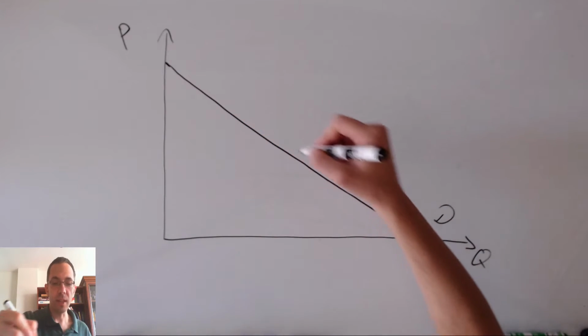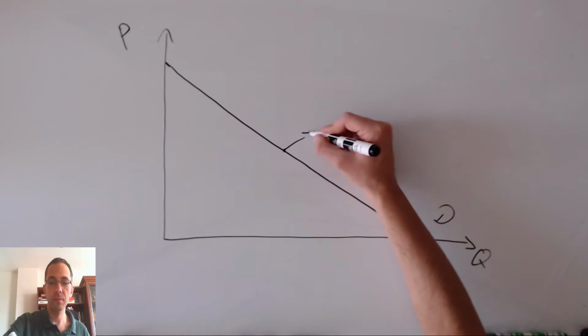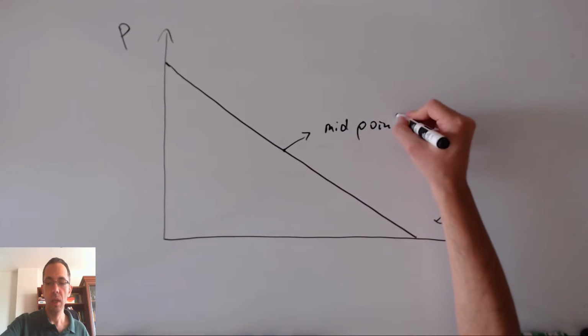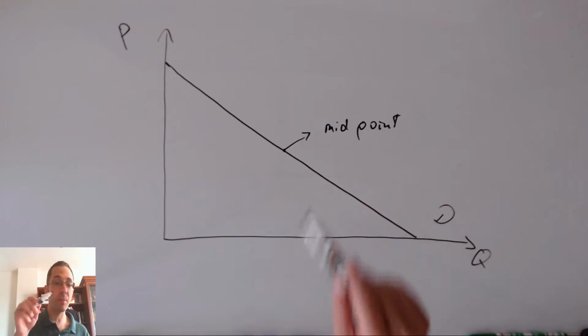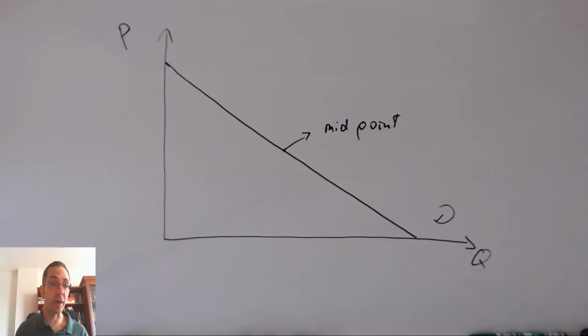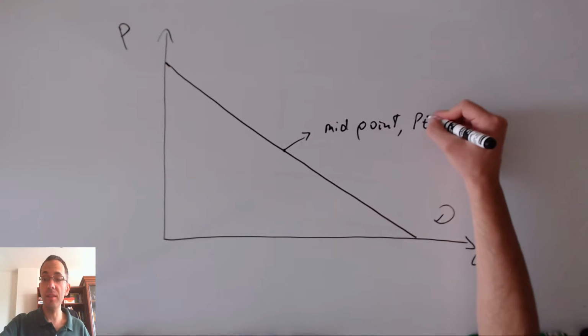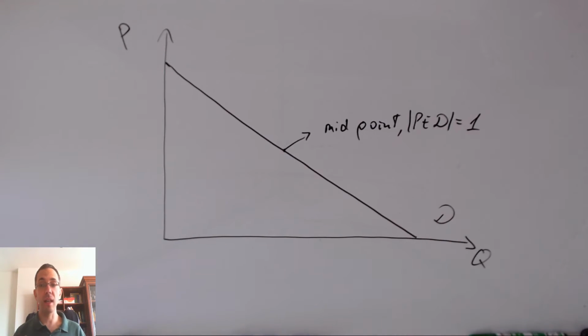Now, let's take this point here, and this will be the midpoint. Why do we know this is a midpoint? Simply because it splits the demand curve into two equal parts. At the midpoint, our price elasticity of demand would be equal to 1, and it will be unit elastic.